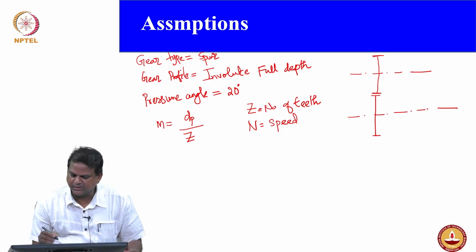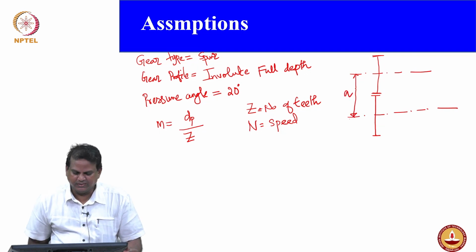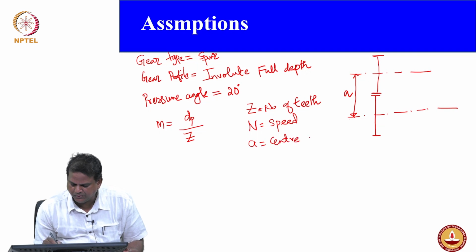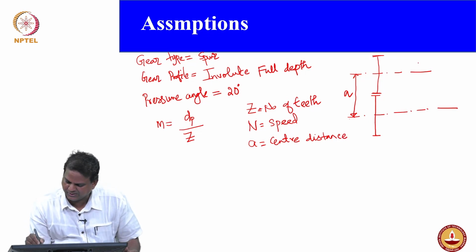The distance between these two shafts is called the center distance A. In fact, we are going to use the center distance method in our calculation. Assume that you have one more gear on the same shaft, a smaller one, meshing with the bigger one.